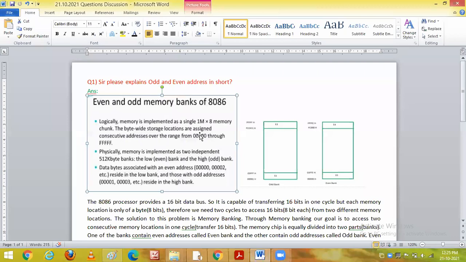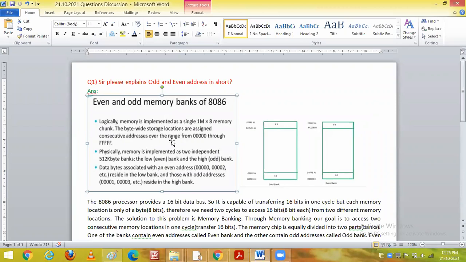Generally we have to start a memory location from an even number. Sometimes, as per our requirement, we have to start our memory from odd numbers also. So here I clearly mention in these notes: logically, memory is implemented as a single memory, divided into 8-bit memory chunks, meaning byte-wide parts.